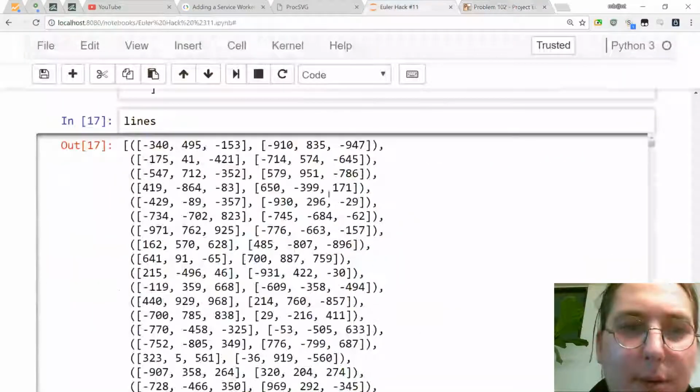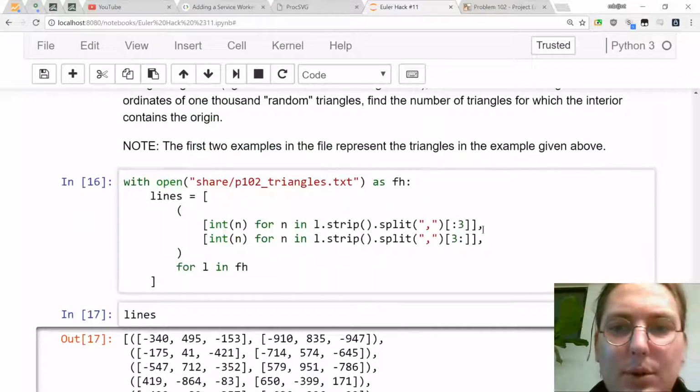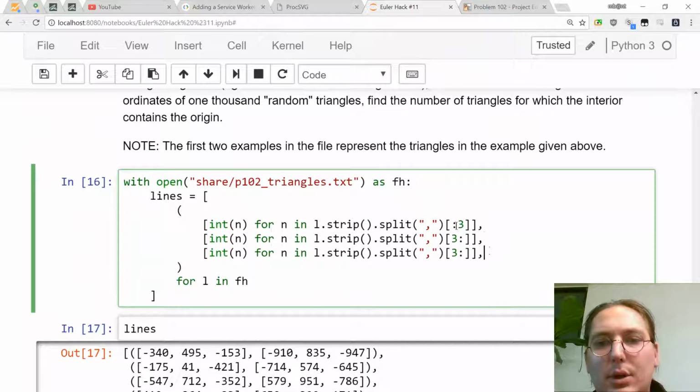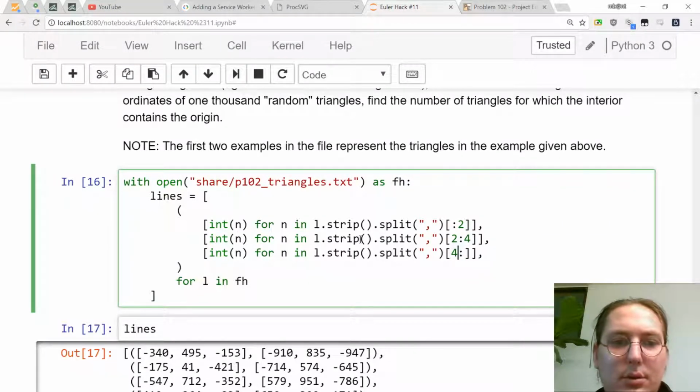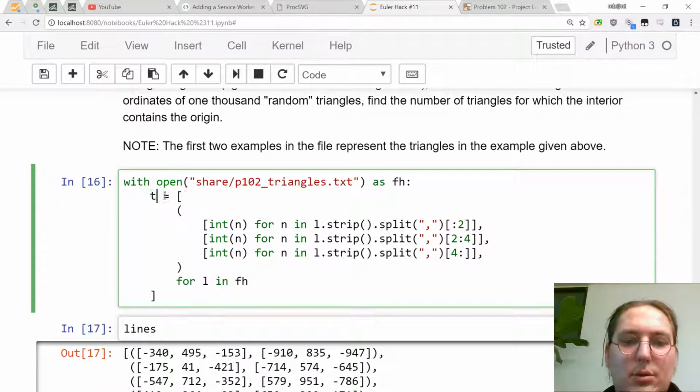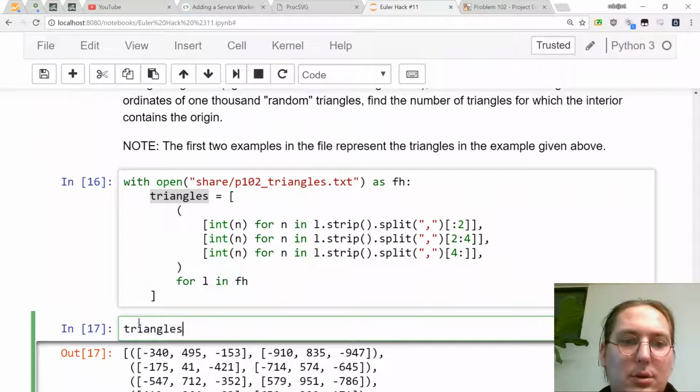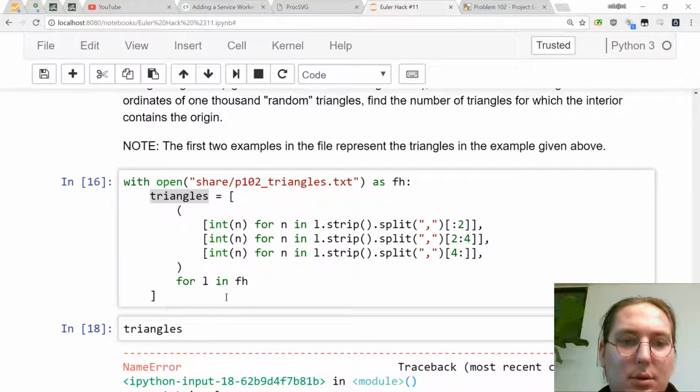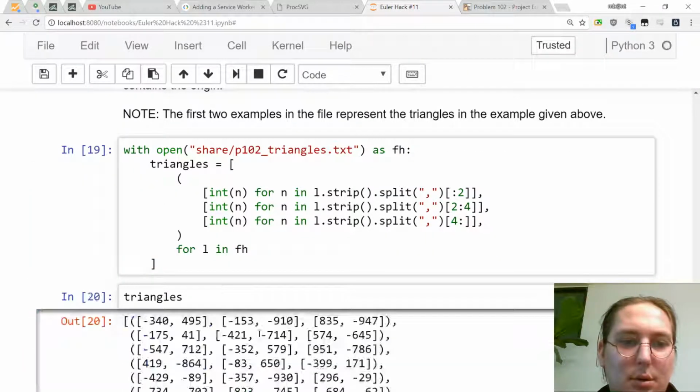Ah, right. Okay, pardon me. So it's always 3 points. Okay. So the first two, then the second two. So this is our triangle. Okay.